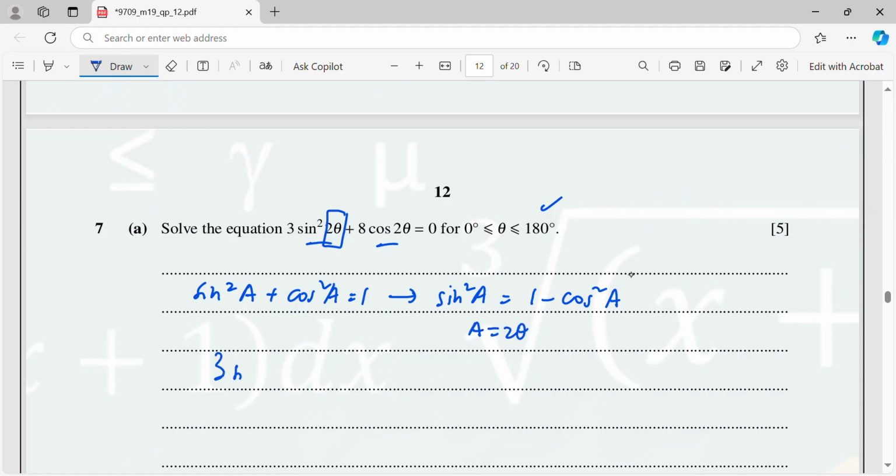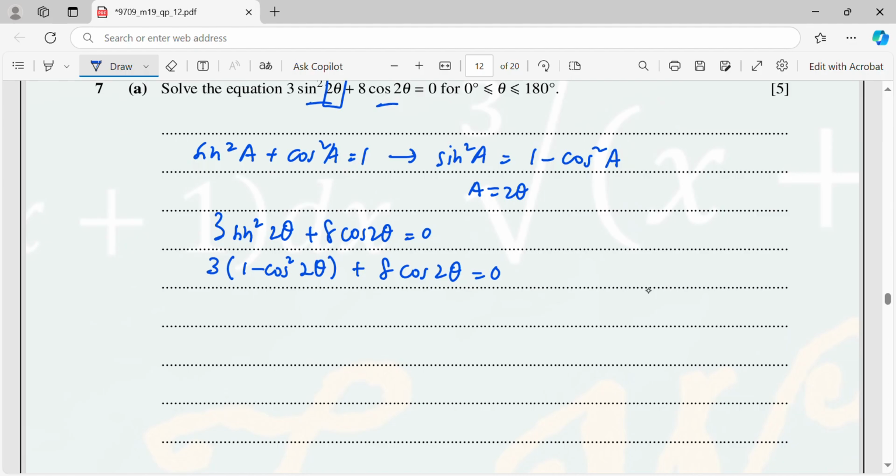That means now 3 sine squared 2 theta plus 8 cos 2 theta equals 0 becomes 3 bracket 1 minus cos squared 2 theta, plus 8 cos 2 theta equals 0. Then now you do expansion. That is 3 minus 3 cos squared 2 theta plus 8 cos 2 theta equals 0.